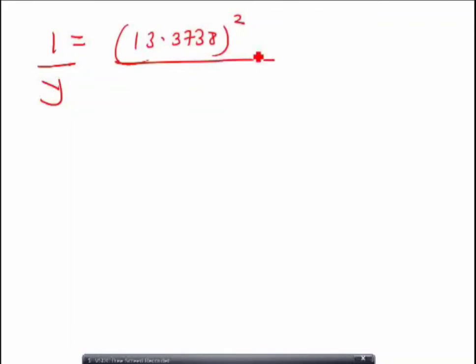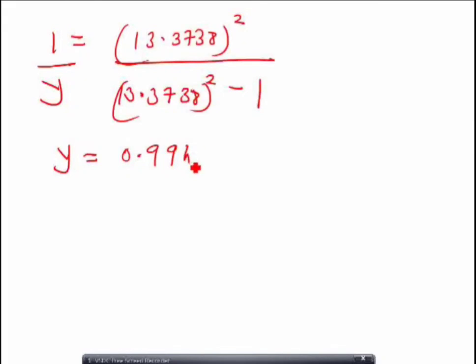So 1 is equal to, Z is given as 1, Y as it is. What is r? r is 13.3738 squared divided by 13.3738 squared minus 1. From this I am getting Y, that is the displacement of the vibrating machine, as 0.9944 mm.